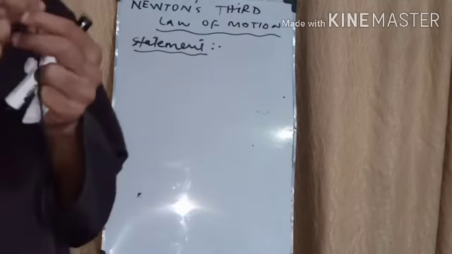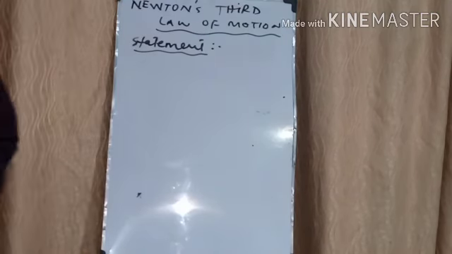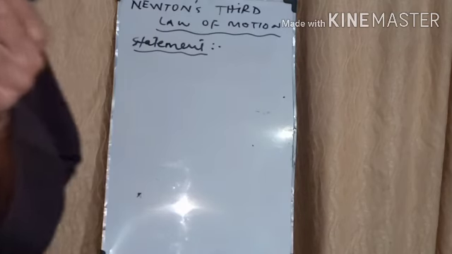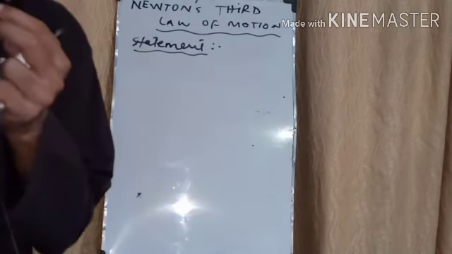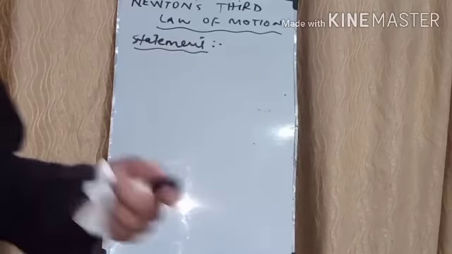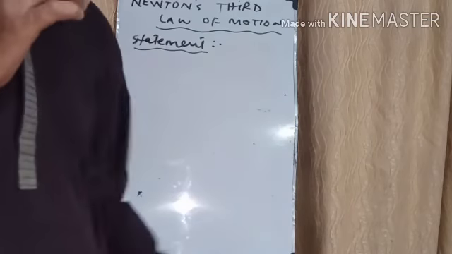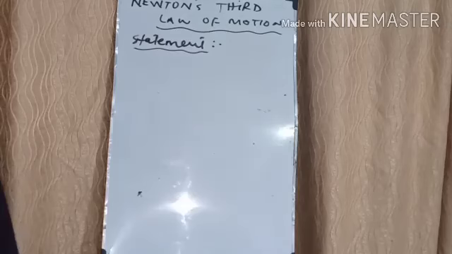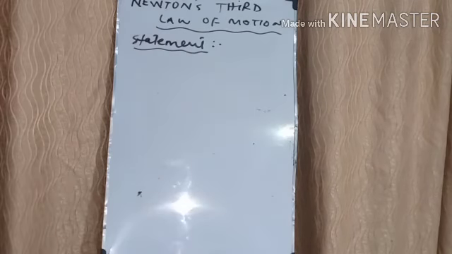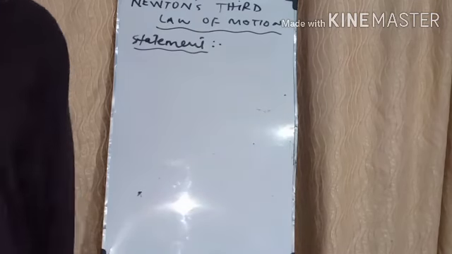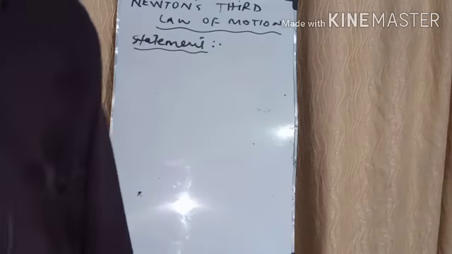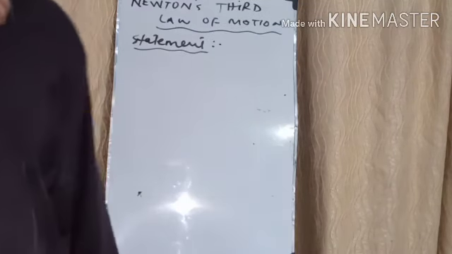That means when we walk on the ground, we push the ground in the backward direction. After the ball example, walking on the ground is the best example. Swimming in water is another example of the third law of motion.